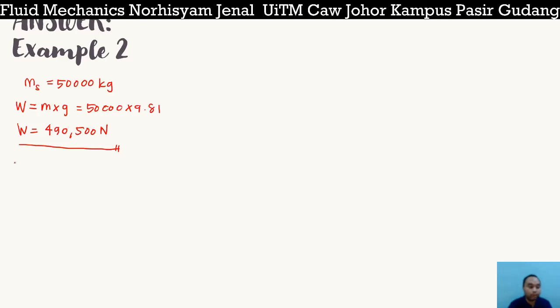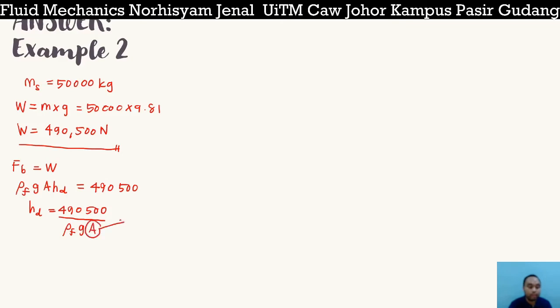Now, from the weight, we can find HD by using this equation, FB equals W. So, rho fluid, g, A, H displacement is equal to 490,500 Newton. We bring this to the bottom, so HD equals 490,500 divided by density of fluid, which is water, g, and also the area.